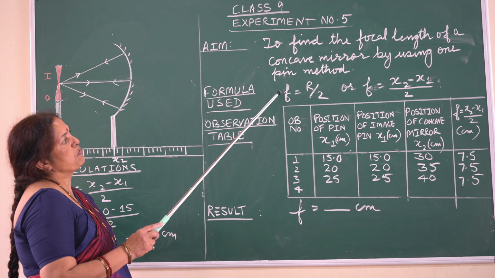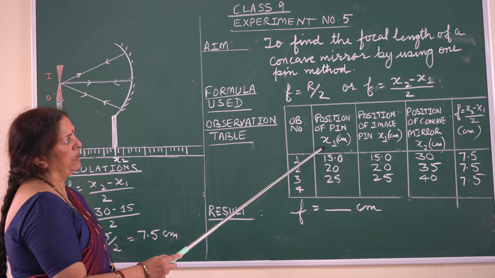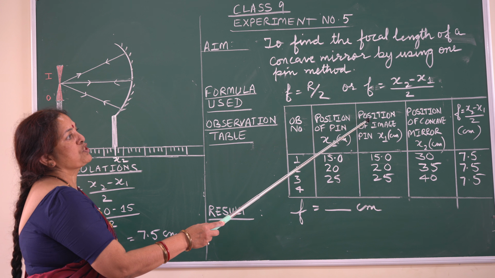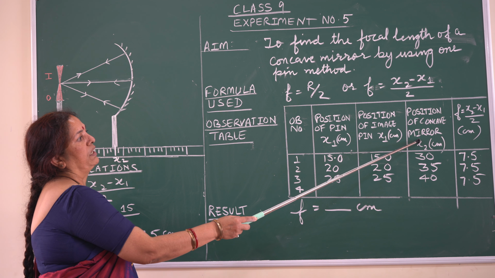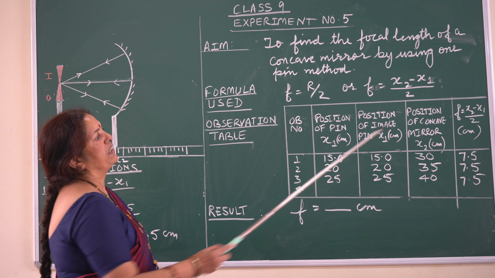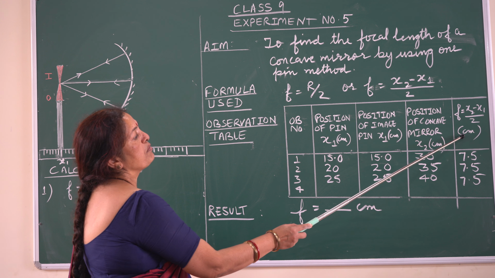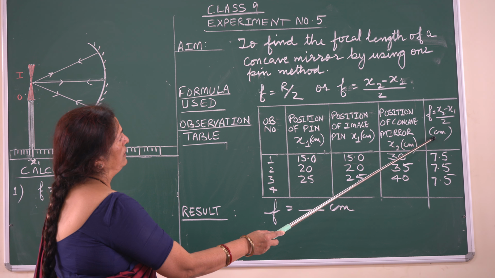I can use an alternate, which will be applied for doing this experiment, which is F is equal to (x2 minus x1) divided by 2, where x1 is the position of the object pin and x2 is the position of the concave mirror. The difference between the two, x2 minus x1, divided by 2 will give me the focal length of the concave mirror by the one pin method.